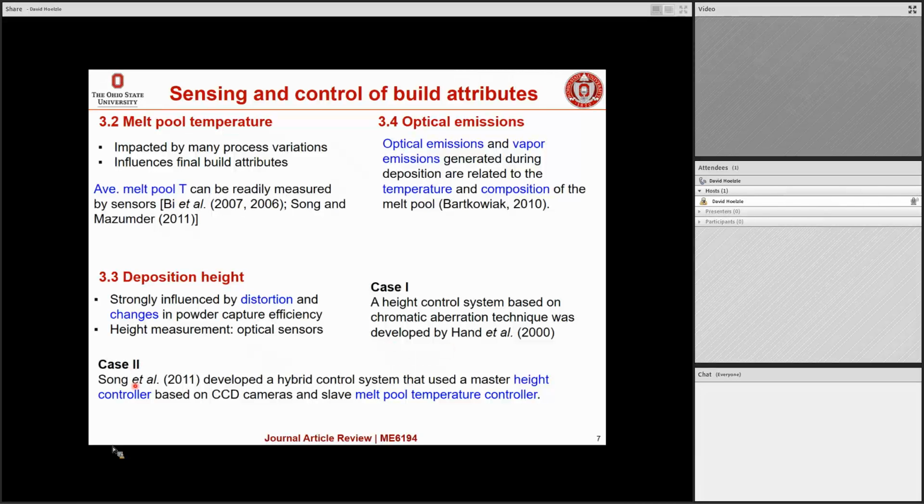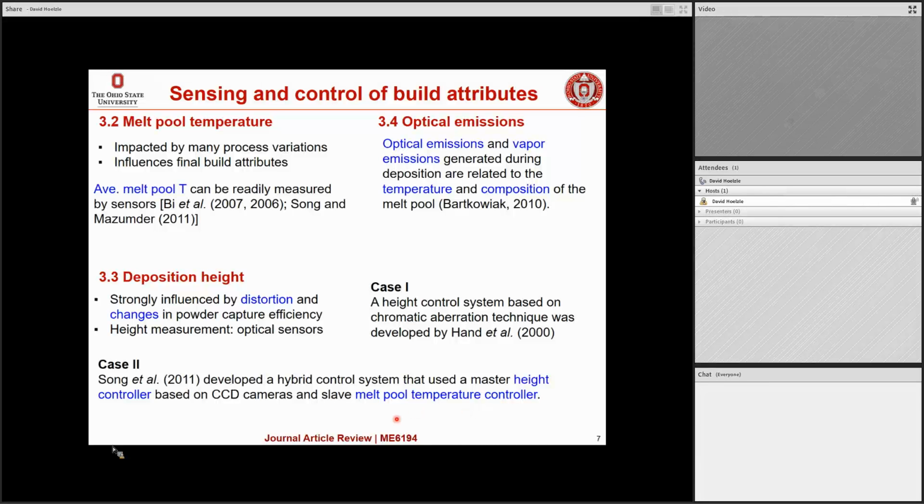And for case 2, there is a hybrid control system including a master height control and a slave melt pool temperature control. They use 3 high-speed CCD cameras to measure the melt pool height, and 2 pyrometers to measure the melt temperature.